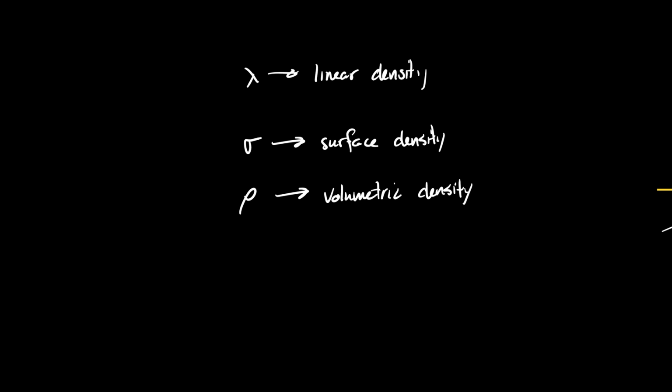Most of the problems we have in here will have just a linear density or a surface density, but if the surface density is uniform, you probably won't need to use these symbols. They will probably give you things that you can use to figure out what they are. But they don't have to give us one that has a uniform charge density. They have given us problems before where the charge density, say, increases from one side of the object to the other side of the object.